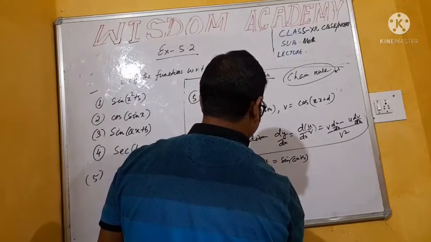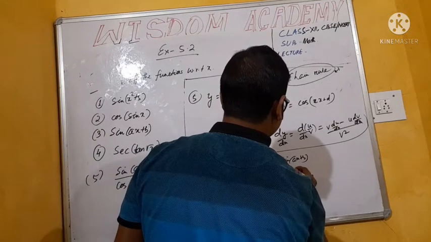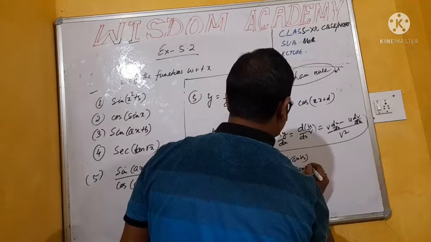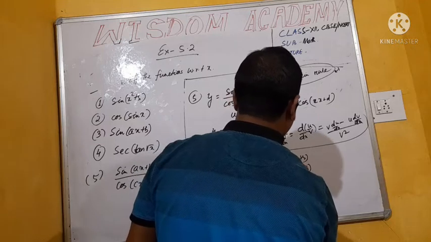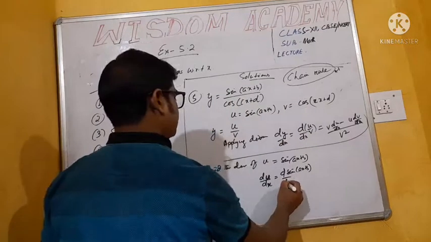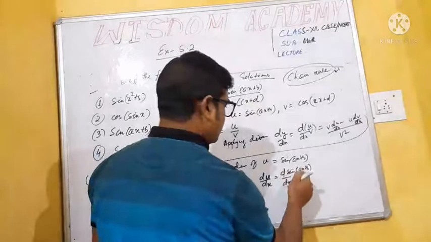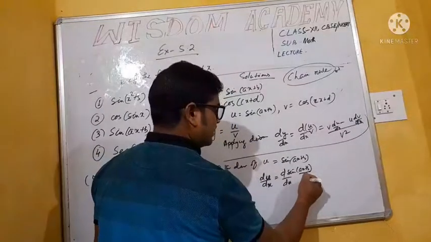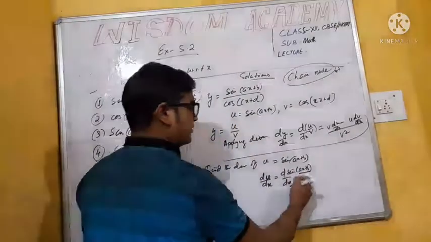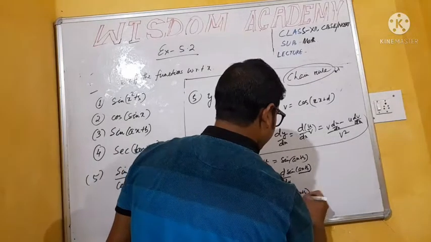du by dx is the derivative of sin ax plus b by dx. Derivative of sin x, applying the chain rule. Sin, here x is not present but consider it as x. The derivative of sin x is cos ax plus b.